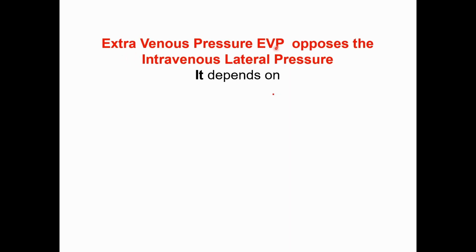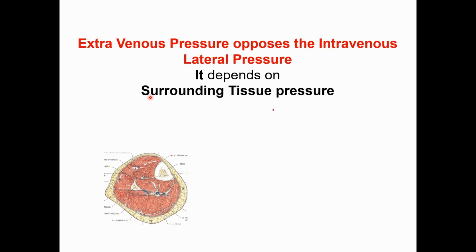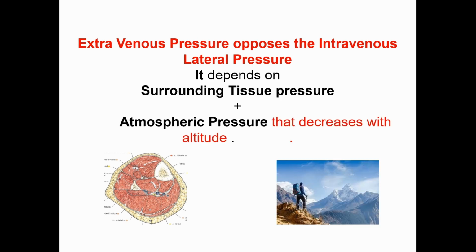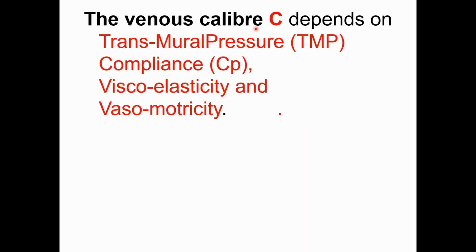Extravenous pressure, EVP, opposes the intravenous lateral pressure. It depends on the surrounding tissue pressure and the atmosphere pressure that decreases with altitude. The venous caliber depends on transmural pressure, compliance, viscoelasticity, and vasomotricity of the wall.